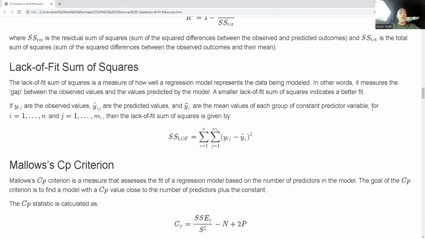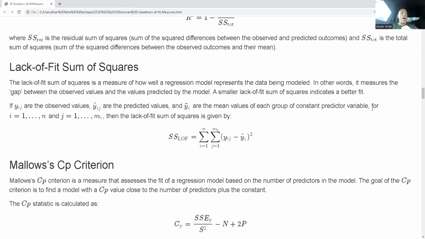Now, the next one is the lack of fit sum of squares. Lack of fit sum of squares is a measure of how well a regression model represents the data being modeled. In other words, it measures the gap between the observed values and the values predicted by the model. A smaller lack of fit sum of squares indicates a better fit.